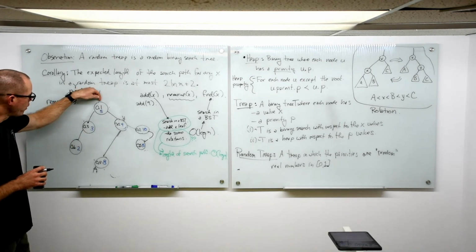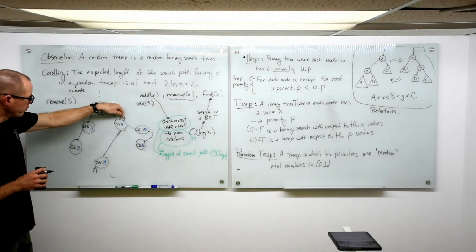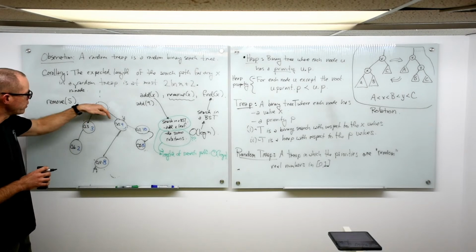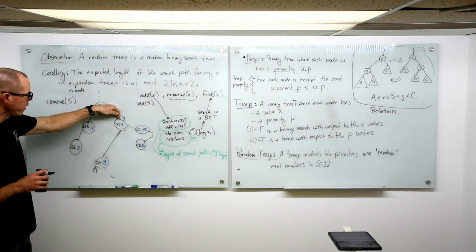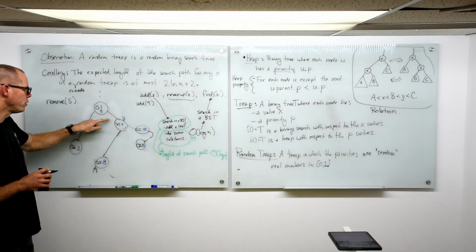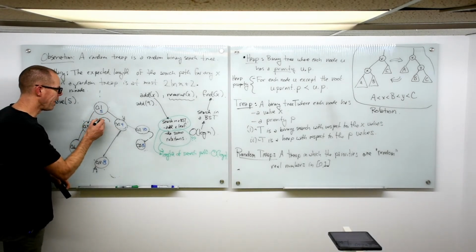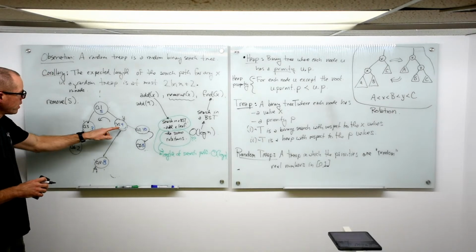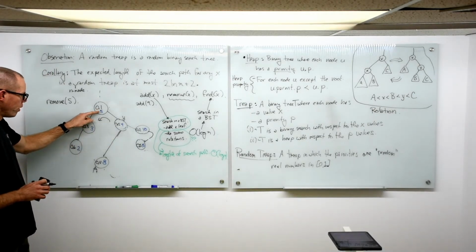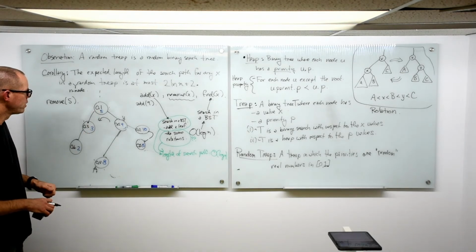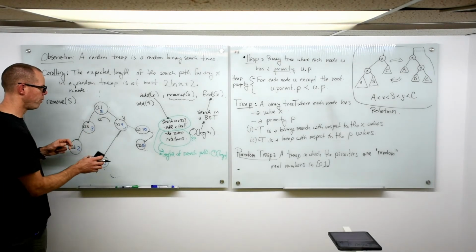So we have this node, we look at its 2 children, one of those 2 has the smaller priority, and that determines whether we should do a left rotation or a right rotation. In this case, we should do a left rotation because we want the new root to be the priority 0.15. So we do that rotation.